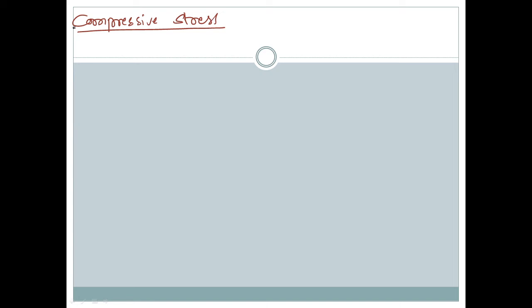So let us consider a bar again here. Because of color mismatch, I am unable to place my cursor properly.